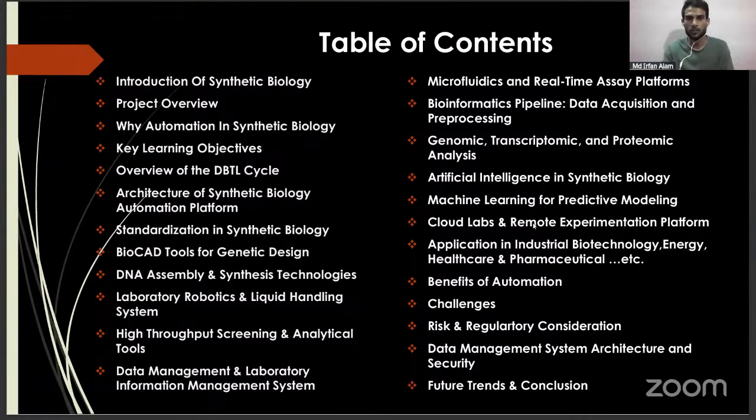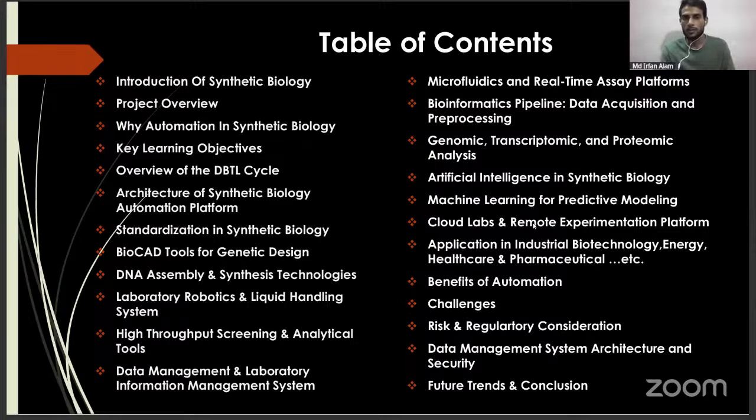Introduction of synthetic biology. Project overview, automation platform, why automation in synthetic biology. It is used to improve reproducibility, speed, and accuracy. Key learning objectives: design, execution, and regulatory compliance.